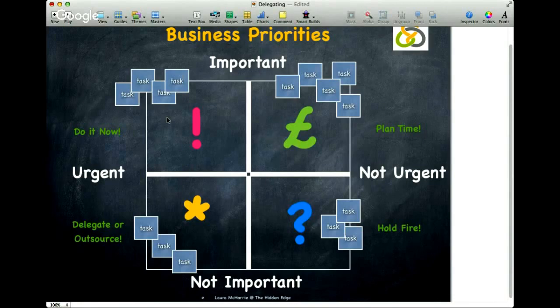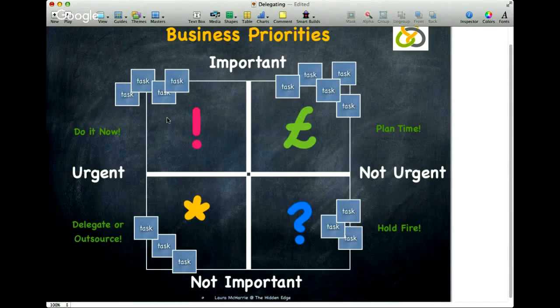Those items that can be popped into the box where we have the pound sign are those that are important but not yet urgent. They may move into the urgent and important box if I don't do something about them. But for now, they sit in there.